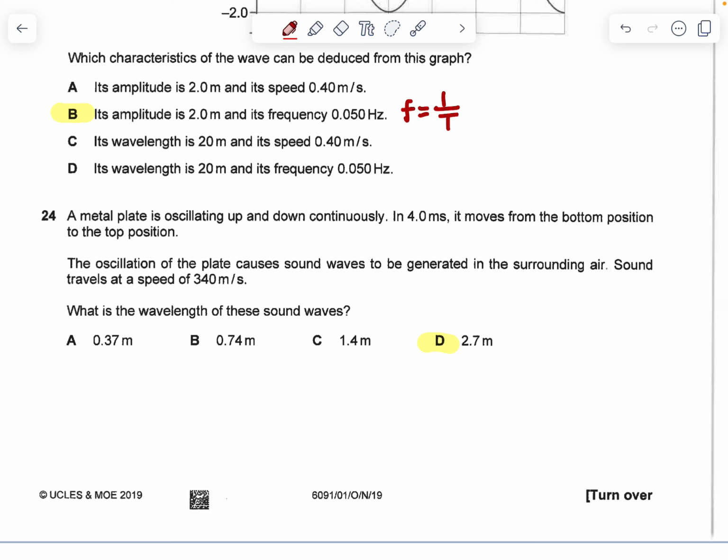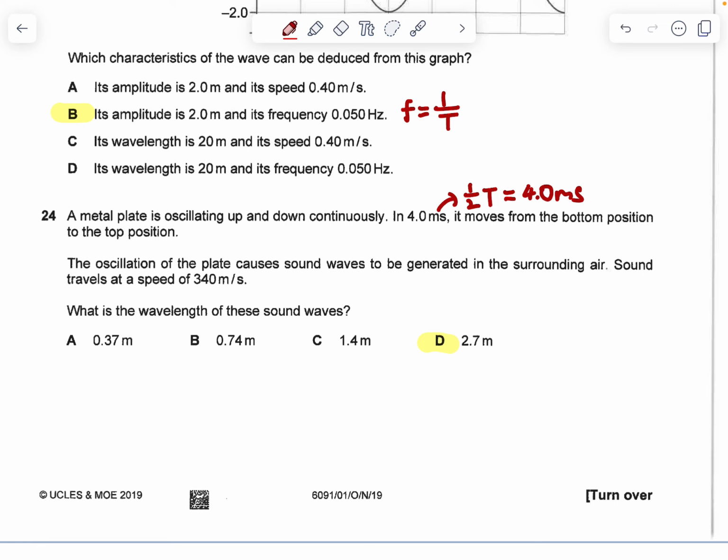Question 24. A metal plate is oscillating up and down continuously in 4.0 milliseconds. So it goes up and down. It moves from the bottom to the top. So bottom to the top is only half an oscillation. So it means half a period is equal to 4.0 milliseconds. If it goes from the bottom to the top and back to the bottom, then it's one full oscillation.